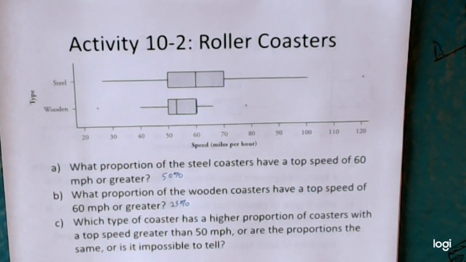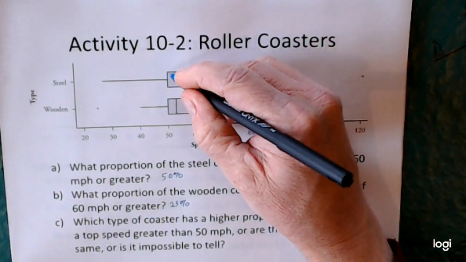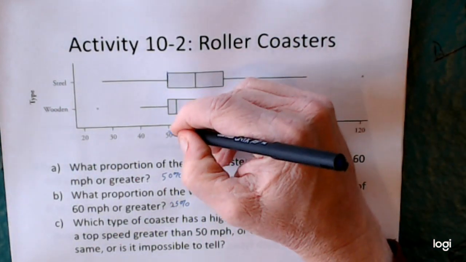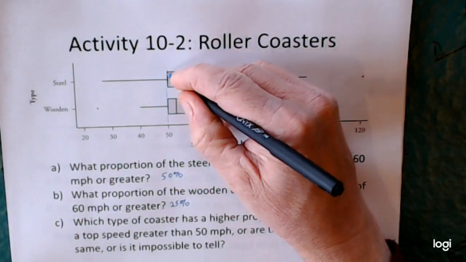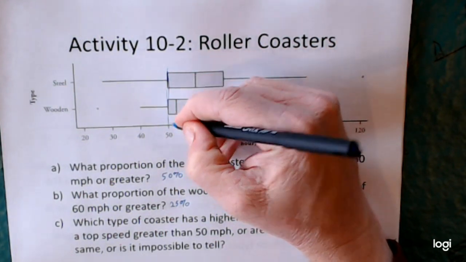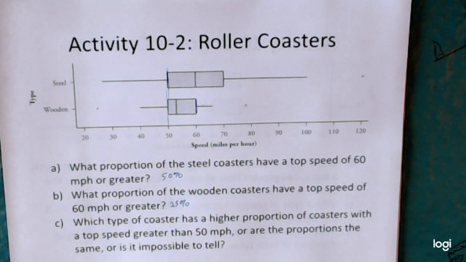All right. Third question. Which type of coaster has a higher proportion of coasters with a top speed greater than 50 miles per hour, or are the proportions the same, or is it impossible to tell? Well, we're looking at 50 miles per hour. For both the steel and the wooden coasters, 50 miles per hour is the lower quartile.